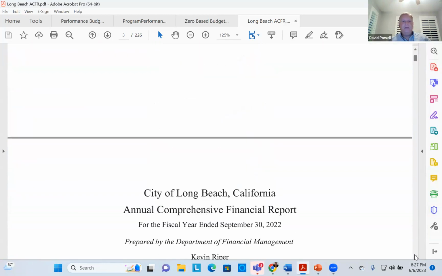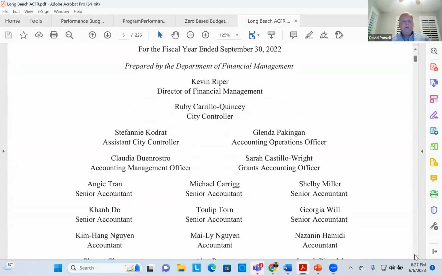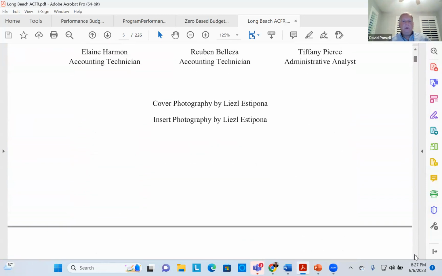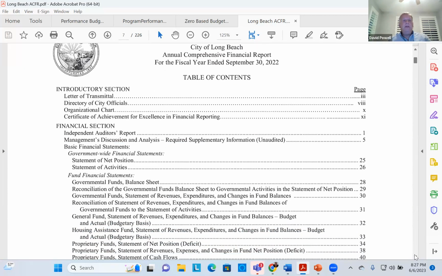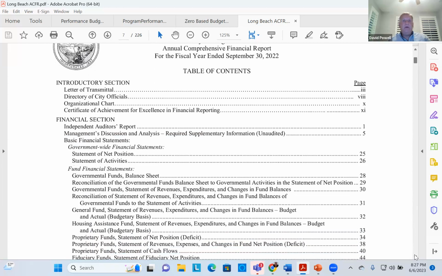So that's always nice to see, but let's scoot down here to a table of contents. You can see the different sections I talked about that are standard in an annual comprehensive financial report. The first section, the introductory section, there's a letter of transmittal that will come from the city manager or whichever office is producing this comprehensive financial report.